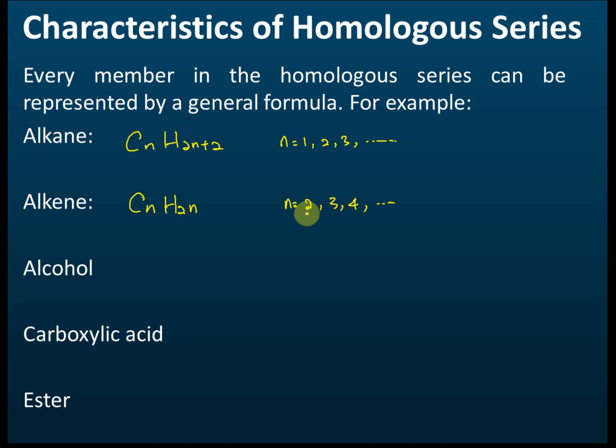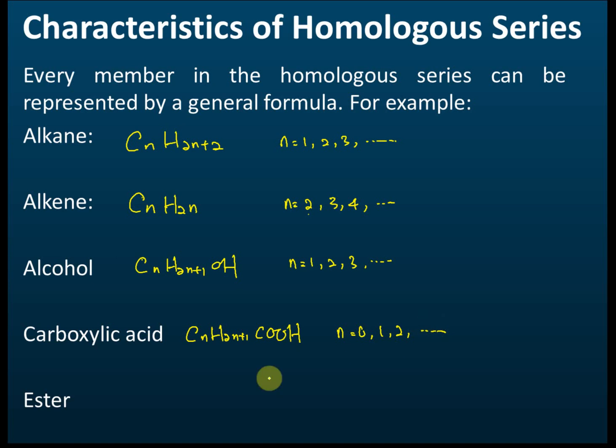The general formula for alcohol is CnH2n+1OH, and n starts from 1. The general formula for carboxylic acid is CnH2n+1COOH, and for this one, n starts from 0, then 1, 2, and so on.